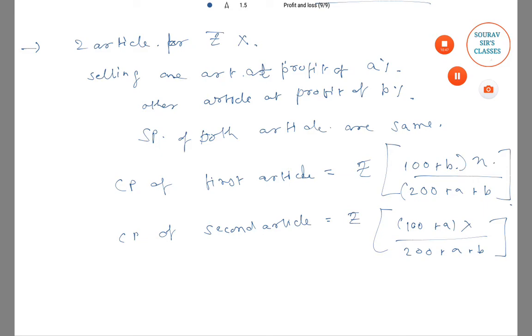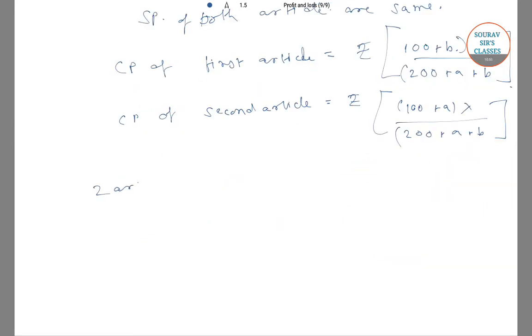For example, suppose a person buys two articles at rupees 160 and then sells one article, that is article A, at a profit of 10% and article B at a profit of 15%, and he found that the selling price of both articles A and B is the same.